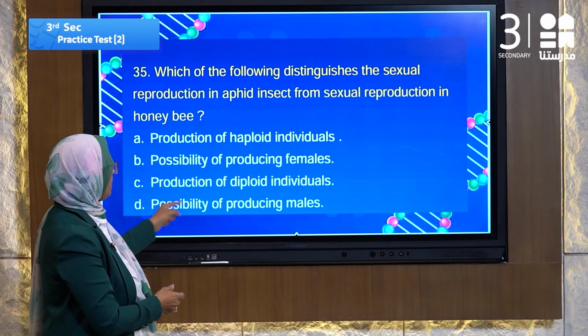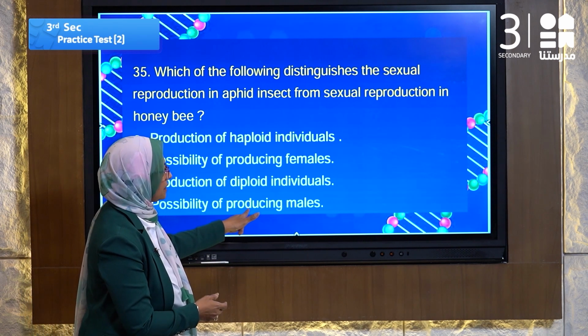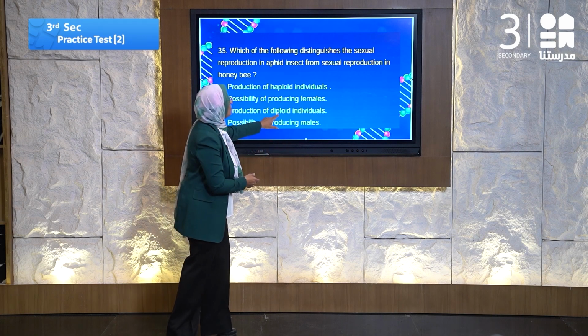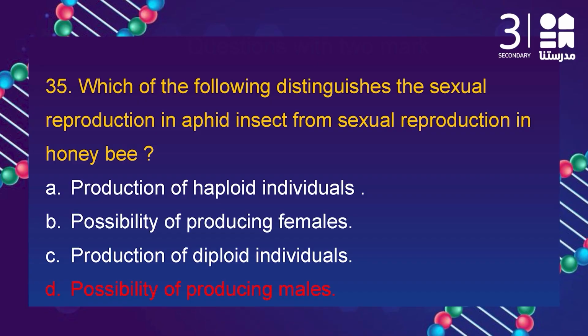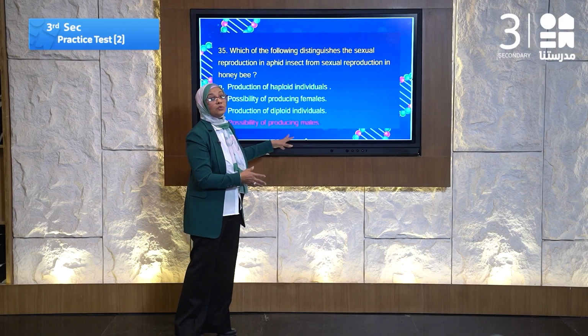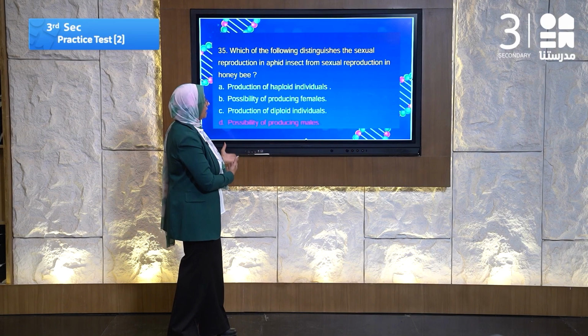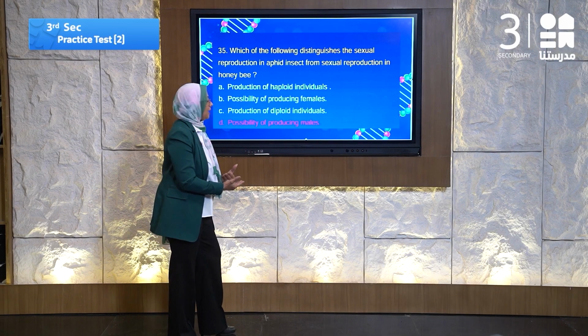D, possibility of producing males. What are the answers? Let's go to the answer. The answer is possibility of producing males. There are two different types of avid and honeybee producing male.